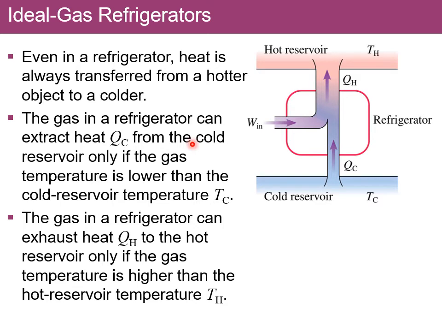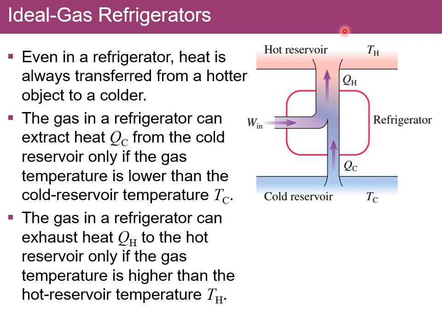Even in a refrigerator, heat is always transferred from a hotter object to a colder. The gas in a refrigerator can extract heat QC from the cold reservoir only if the gas temperature is lower than the cold reservoir temperature Tc.